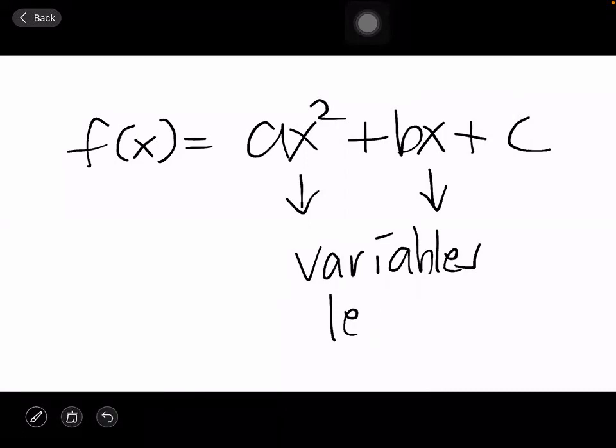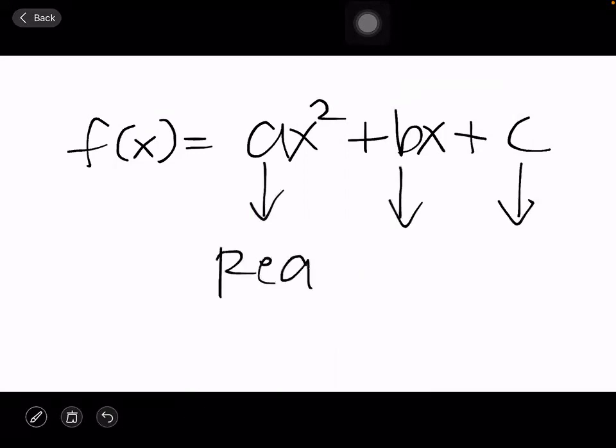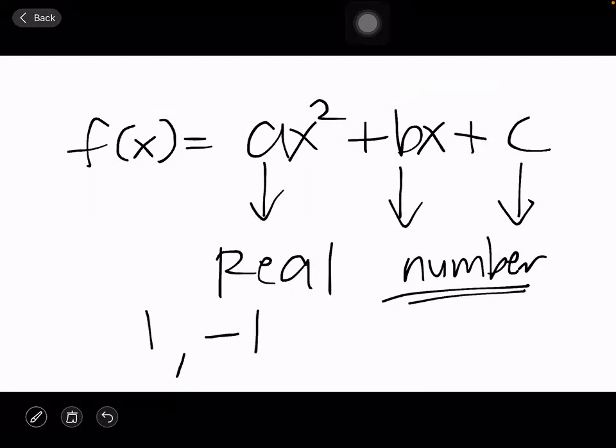Next, according to our definition, we have letter a, letter b, and letter c. Always remember, they are all real numbers, or we can simply say they are all numbers. Pag sinabi natin numbers, it could be 1, it could be -1. It could be a positive number or a negative number. It could be a fractional number, or it could be a decimal value.